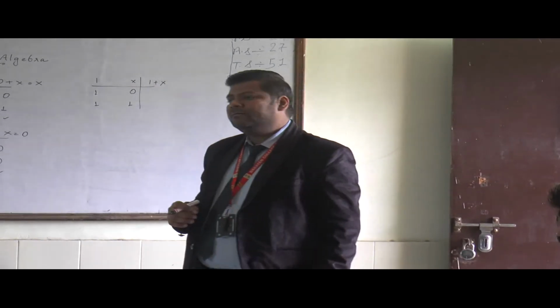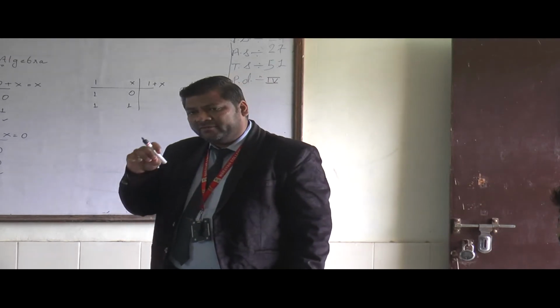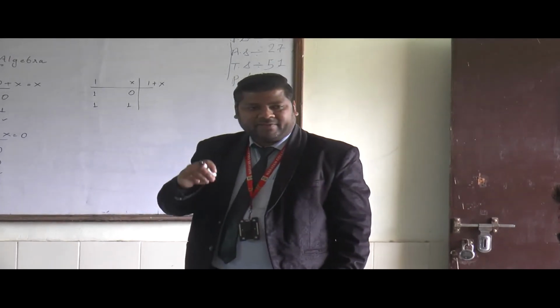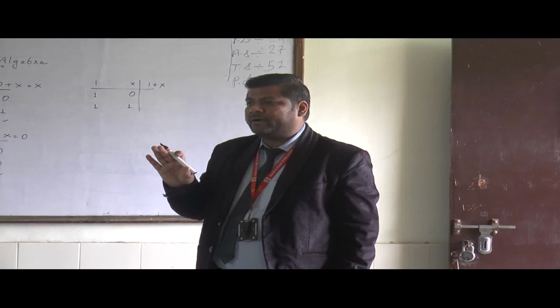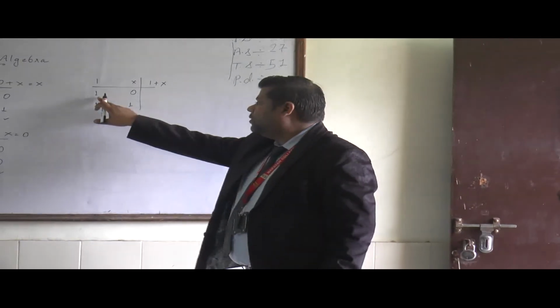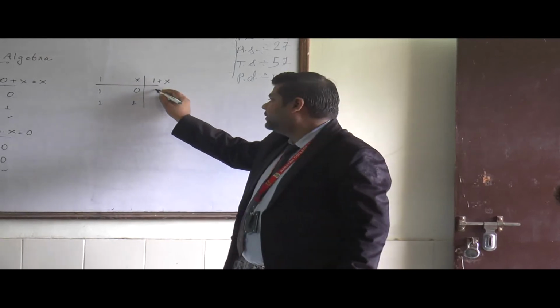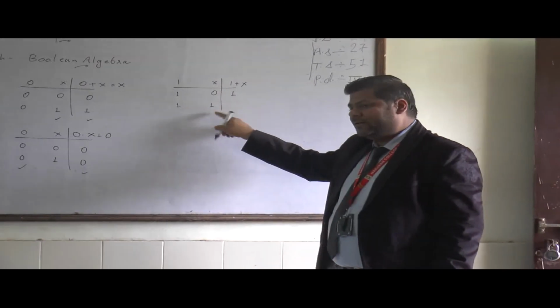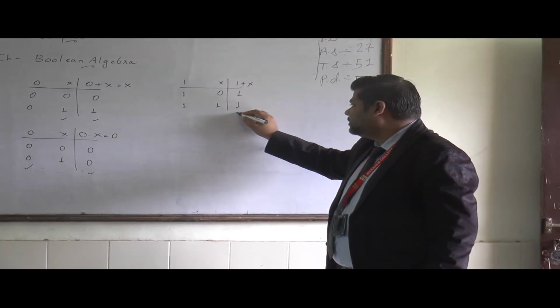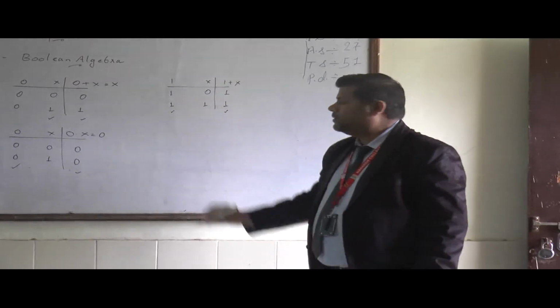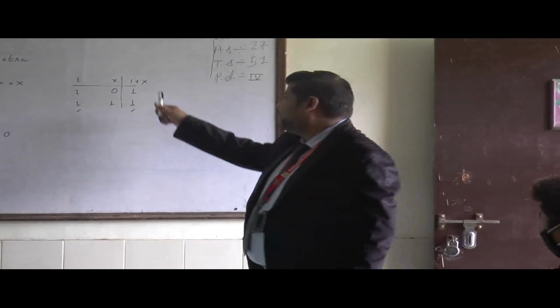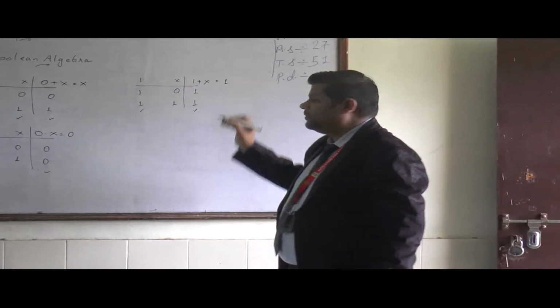What happens in OR? If any one input is high, then the result will be high. So 1 or 0 is 1, 1 or 1 is 1. So is this column matching with this one? So we can say that 1 plus x equal to 1.